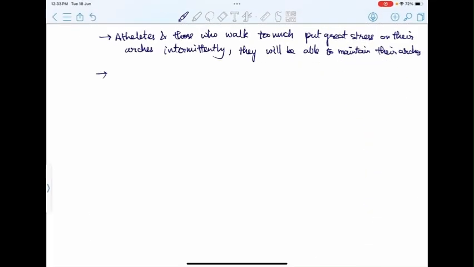Now some other points regarding flat foot. Flat foot usually occurs due to abnormal distribution of body weight on the arch.